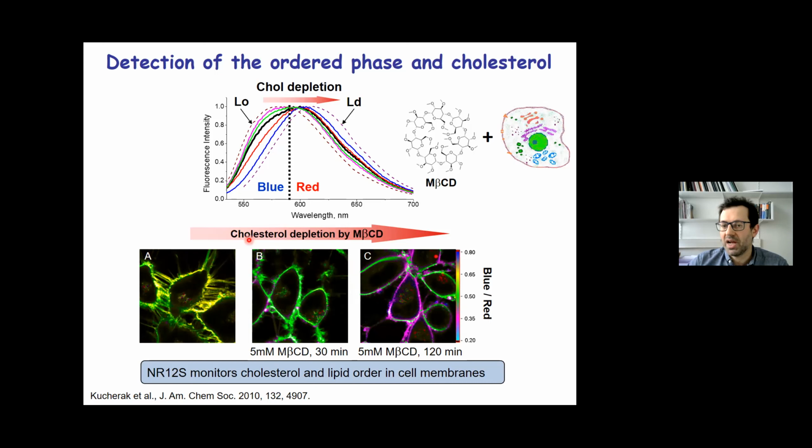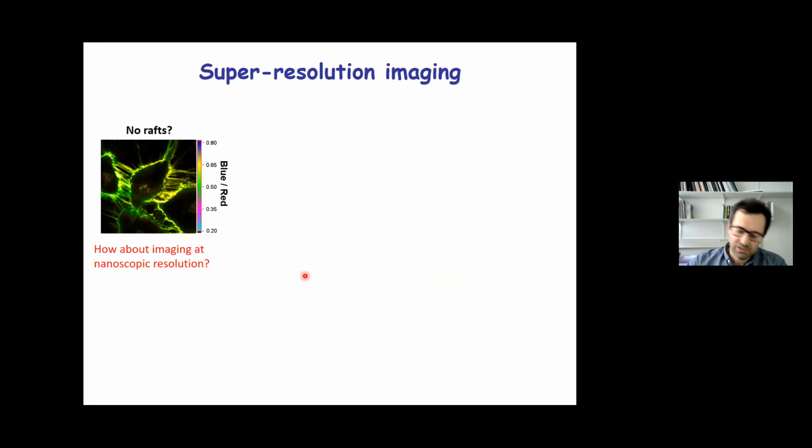And that we did by varying, for example, cholesterol by extraction with methyl-beta-cyclodextrin. In this case, you can observe nice changes towards a decrease in the order, and depending on the time of incubation, the color changes. Okay, so that was the early work. We couldn't observe rafts, we could just generally address the lipid order on the membrane surface.